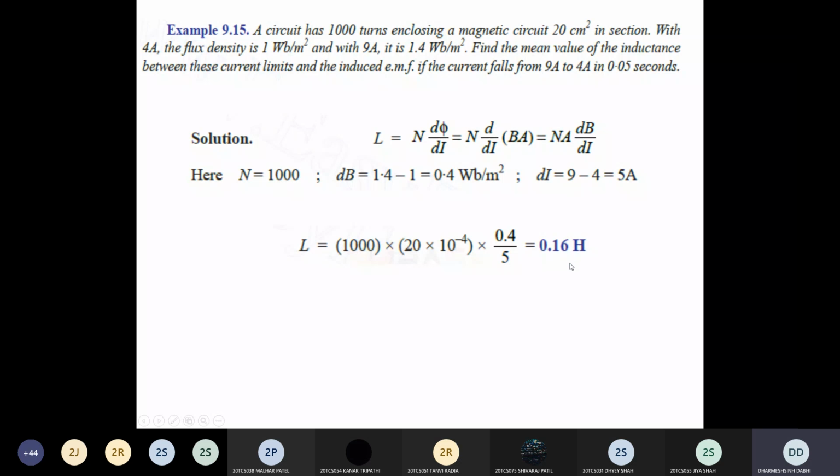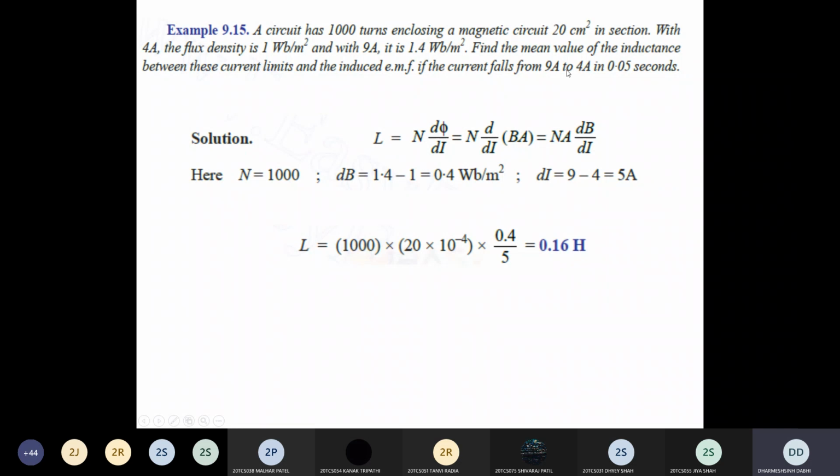So here we already found this L, 0.16 Henry. Di is given. Here we need to find the induced EMF if the current falls from 9 ampere to 4 ampere in 0.05 second. It means dt is given, 0.05, and di is given.